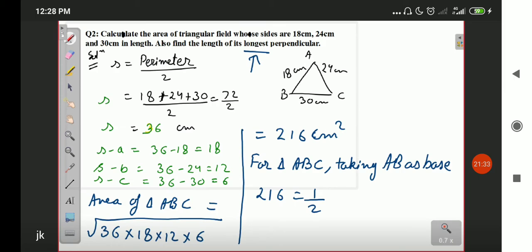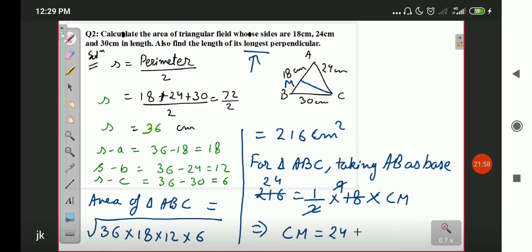Height is, let's say, CM. 2 9s are 18, 9 2s are 18, 9 4s are 36. So you will get the value of CM as 24 centimeter. That is the value of your longest perpendicular.